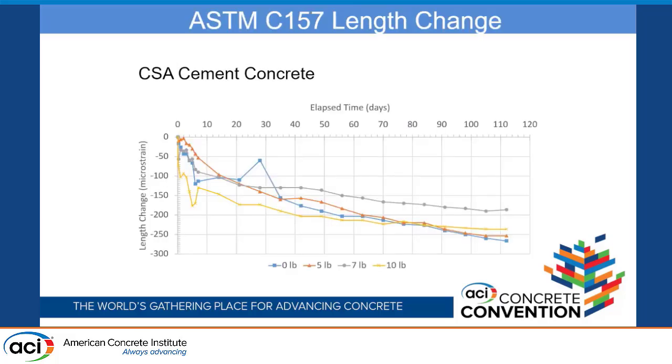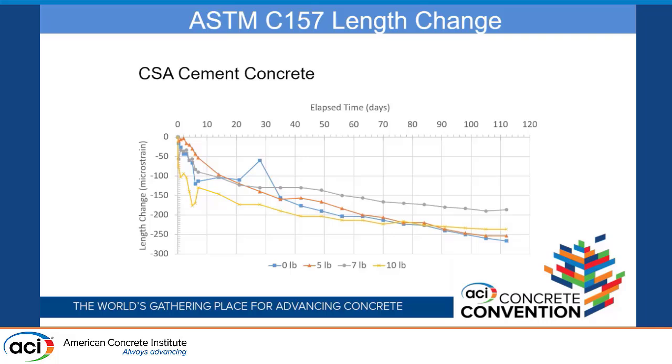If we looked at the ASTM C157 length change, if we start with the rapid setting cement CSA additive, we can see the blue line there is our reference mix. There were some issues at the beginning of that test, which means that our reference may not be the best.